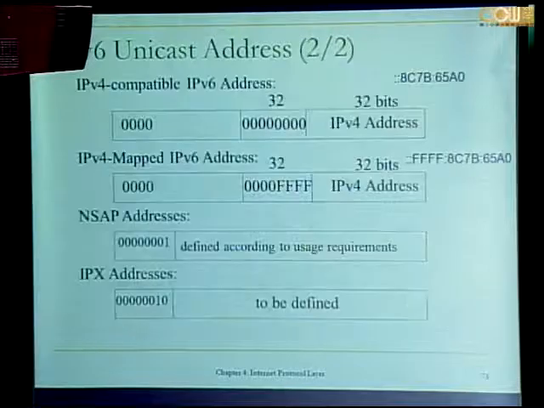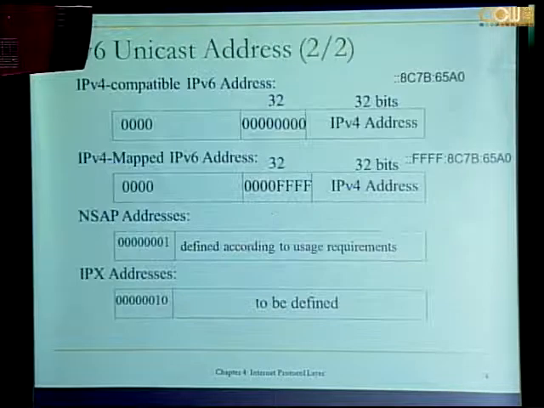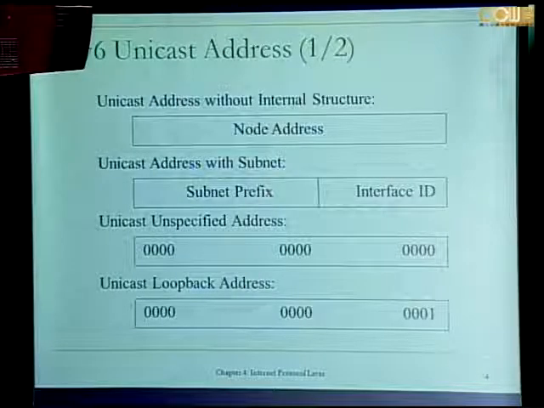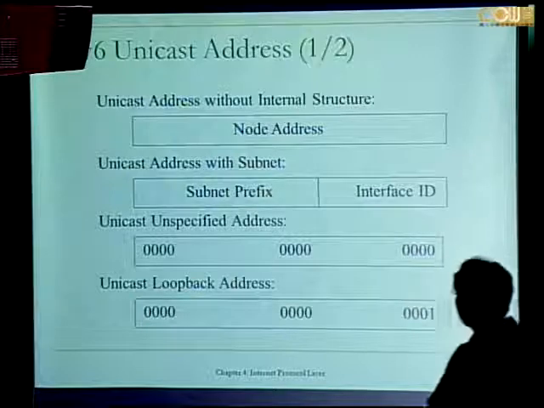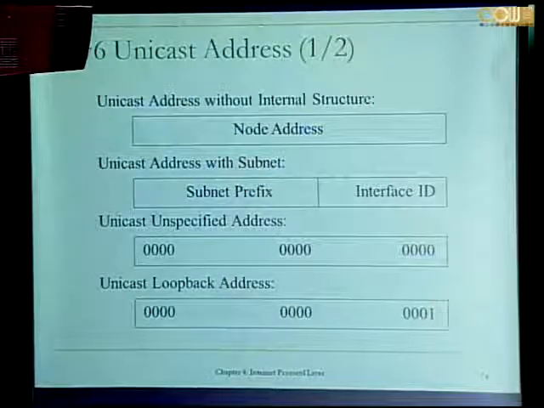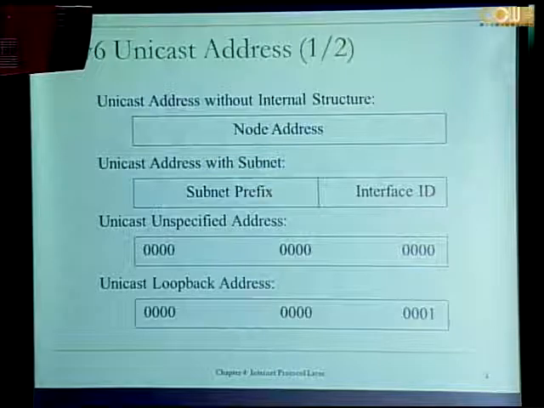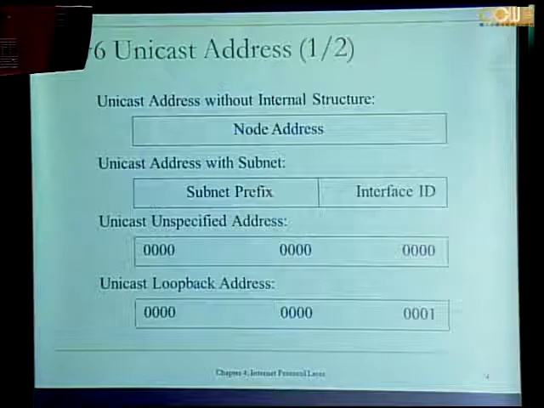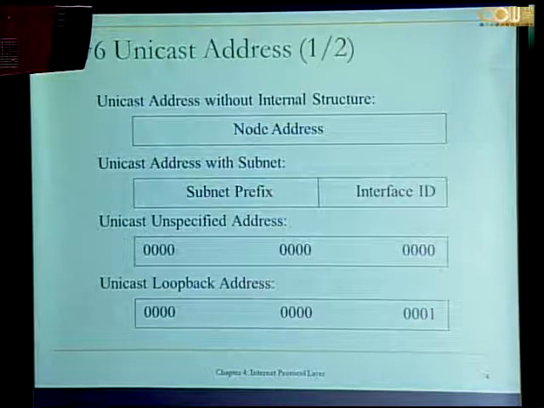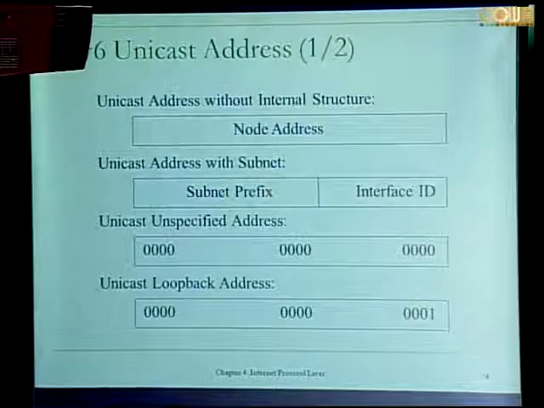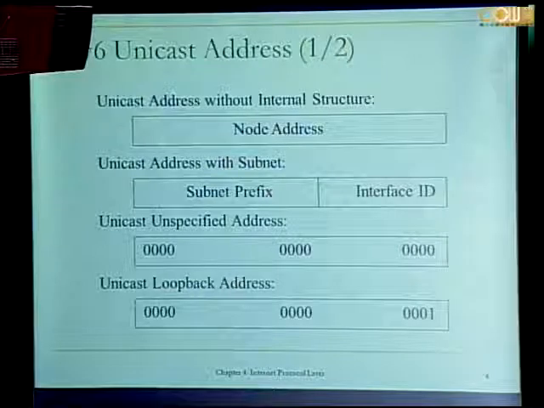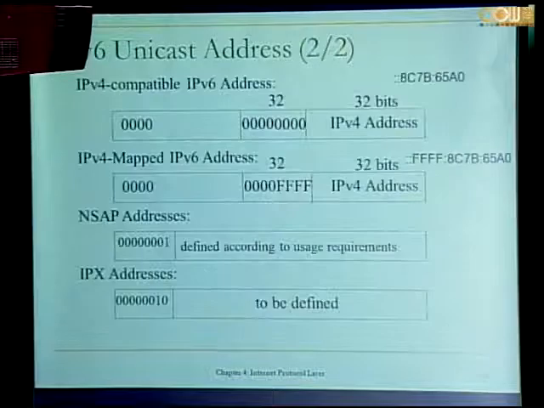And within this address space, we have structures inside, and there are two special purpose addresses. One is all zeros, which means unspecified, and the one with all zeros and then a 1 is the loopback address.